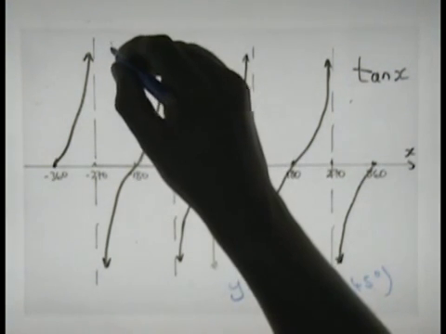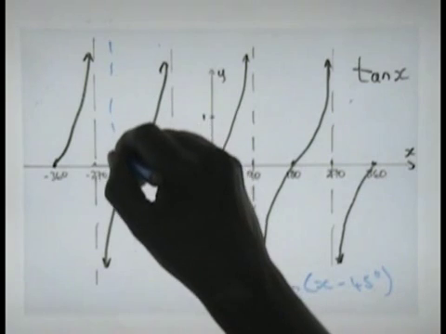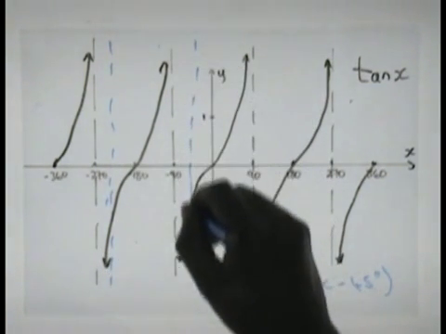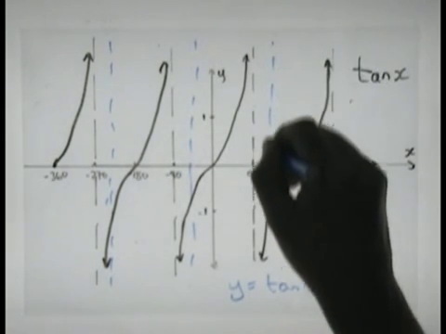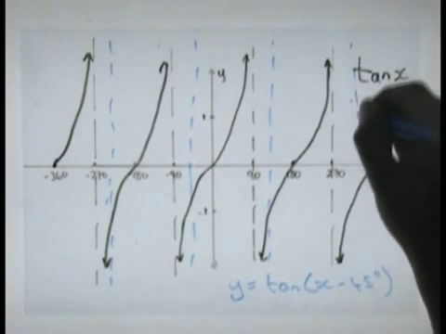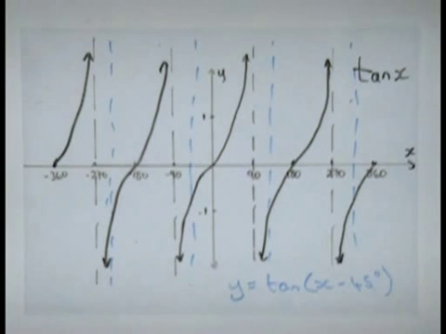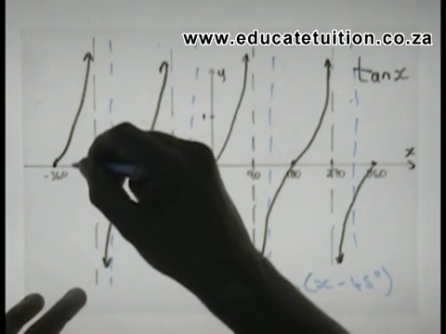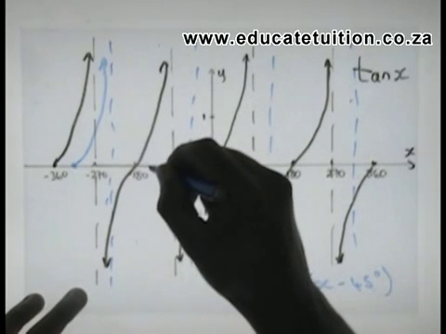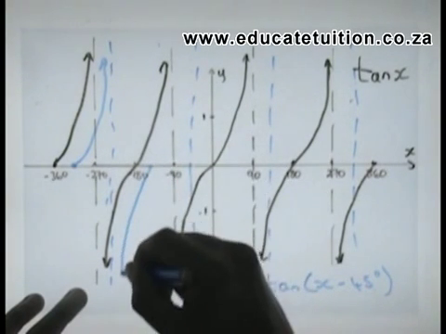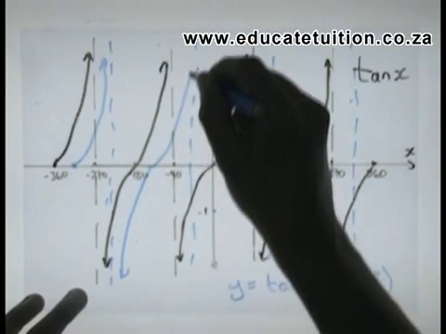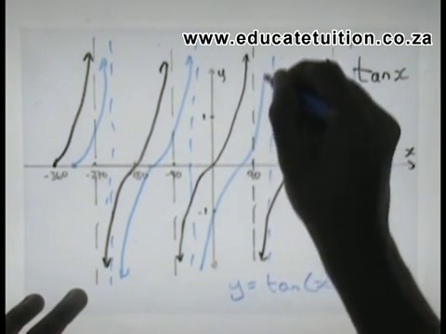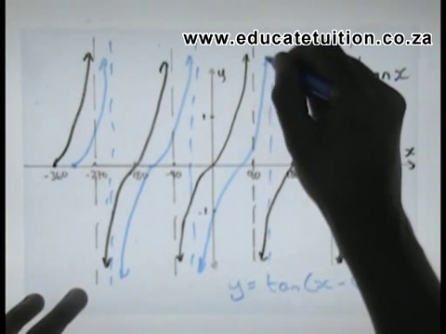That means that each of our asymptotes will move 45 degrees to the right, and each graph will follow those asymptotes, also moving 45 degrees to the right. So it will still be the standard tan graph, except now it will be moved 45 degrees to the right.